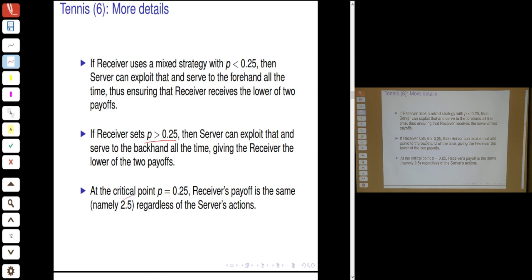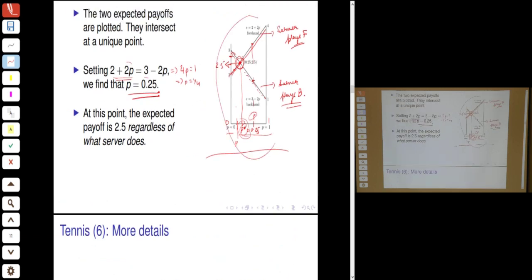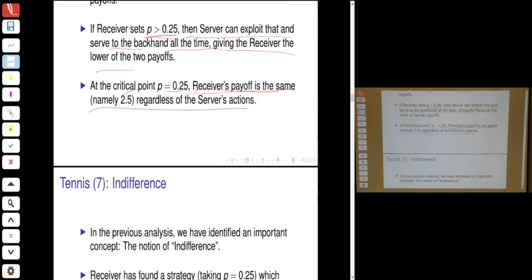So, at the critical point P equal to 0.25, if P is bigger than 0.25, then the server can exploit that and serve to the backhand all the time, giving the receiver the lower of the two payoffs. So, this is what we discussed in the context of this diagram. And at the critical point P equal to 0.25, the receiver's payoff is the same, namely 2.5, regardless of the server's actions.